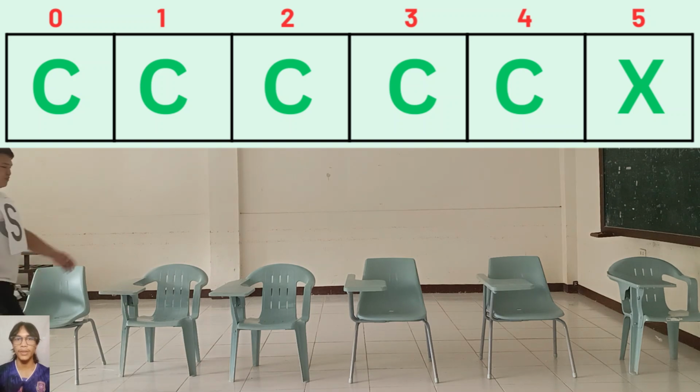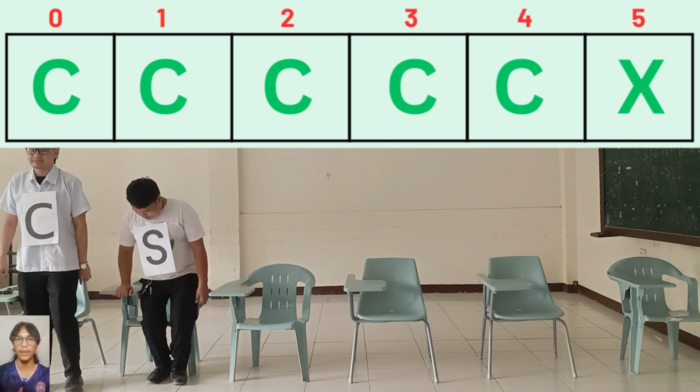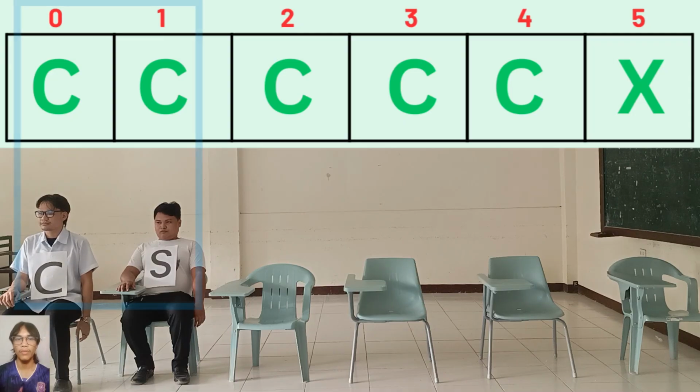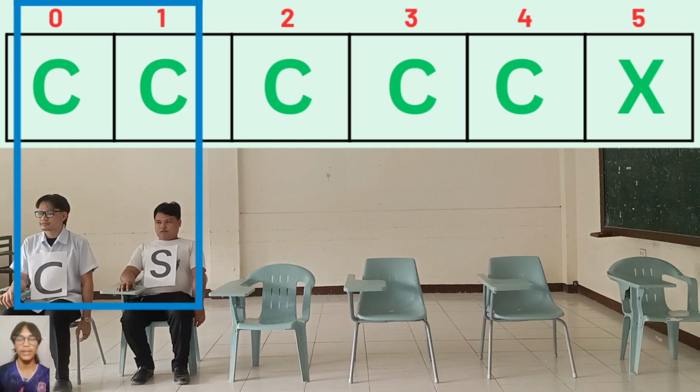In the first iteration, the alignment of the pattern to the text starts with index 0 of the text by placing the first letter of the pattern, which is C, to index 0, and placing S to index 1. Now, the C in the pattern matches index 0, which is also C. Then, let us move to the next position.